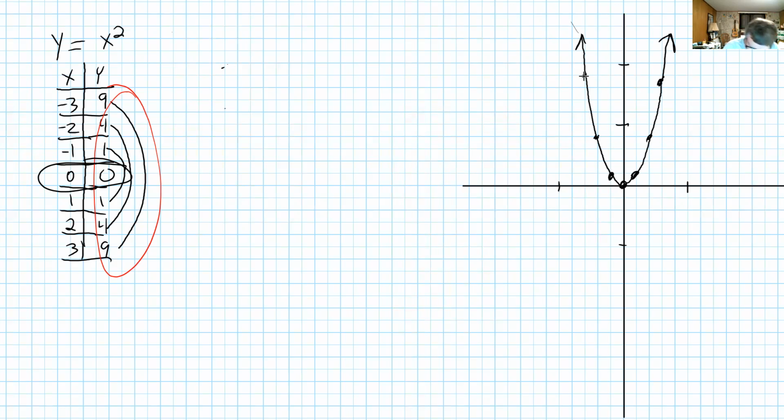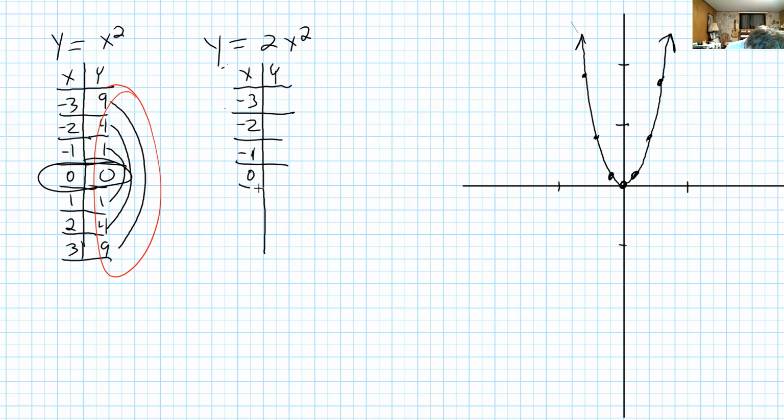Now, what I want to look at is the graph of y equals 2x squared. So I want to put a coefficient in front of that x squared that's bigger than 1. And let's see what that's going to do in terms of our graph. I'm still going to use the same x values or input values that I did before. But now we're going to take 2 times x squared.